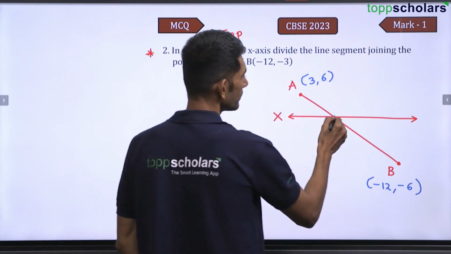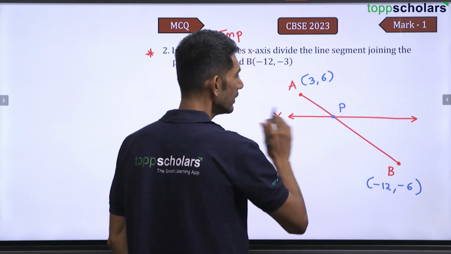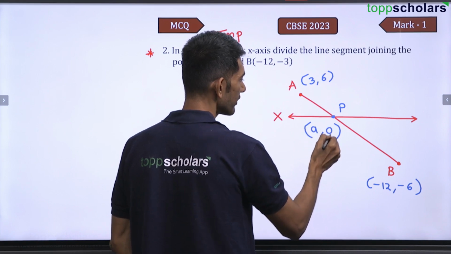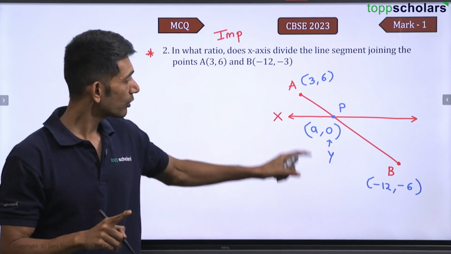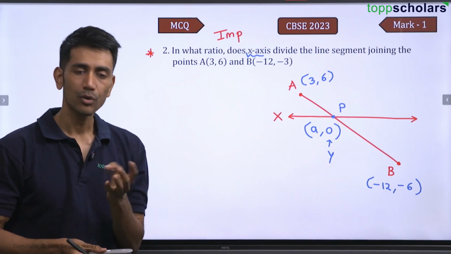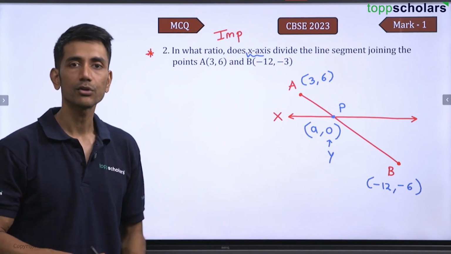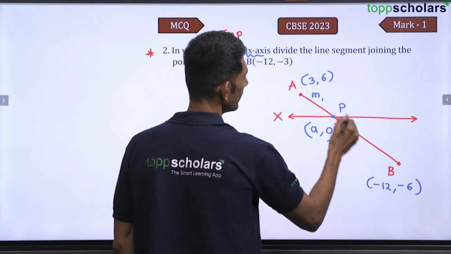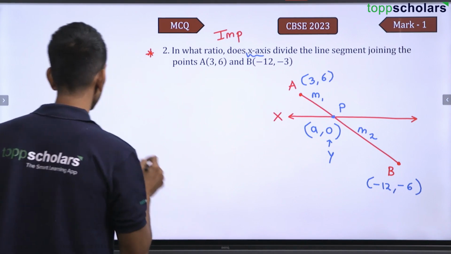Now there is a point, say for example point P, that lies on the x-axis. Now if it lies on the x-axis, can I say this is of the form (a, 0) where y will be 0, correct? Why y is 0? Because every point on the x-axis is of the form some number, 0: (1, 0), (2, 0), (3, 0), (4, 0). I am taking (a, 0), correct? Now it is easy because if I take this as m1 and this as m2, and if I take the help of y, what is the formula for y?